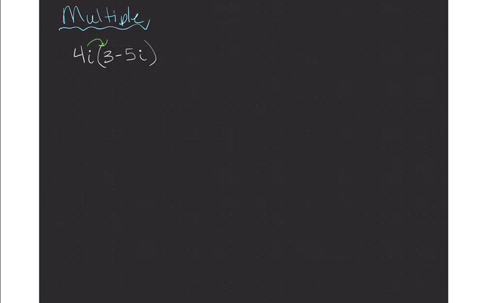So that's going to give me 12i, right? And then I'm going to do i times negative 5i. So 4 times 5 is 20. i times i is i squared.